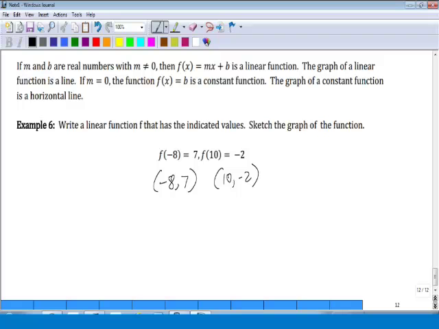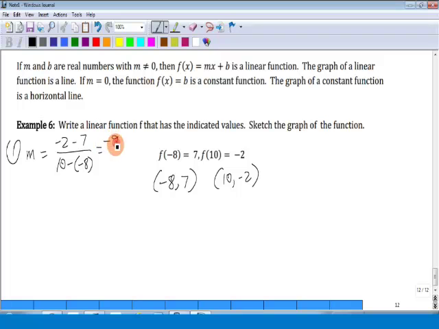So we find the slope using the slope formula, find an equation using the point slope form. Please use the point slope form. Find an equation that way. And then third, put it in slope intercept form. Fourth, pick up the y, replace it with f of x. So we can do this. Step 1, m equals -2 minus 7 over 10 minus -8.